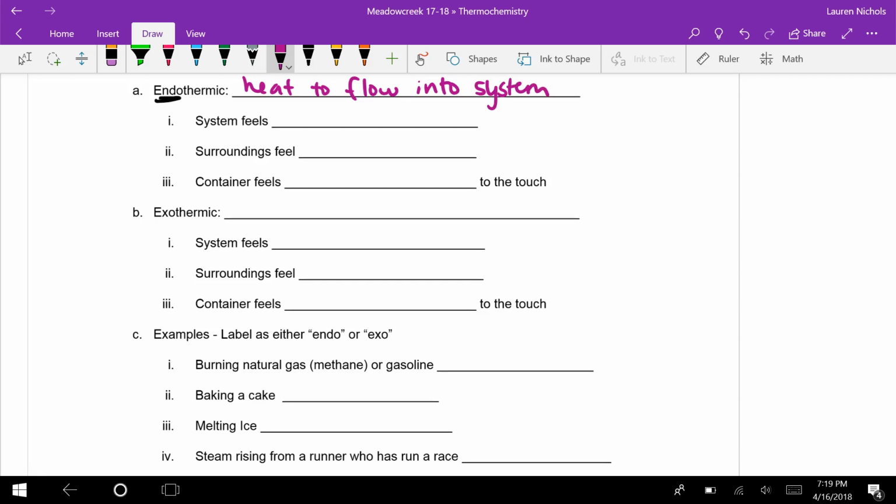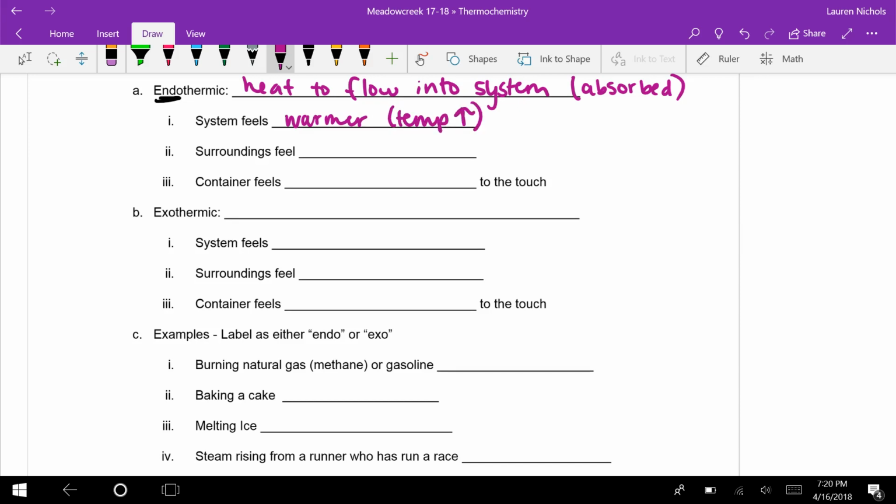Which means if it's flowing into the system, it's coming from the surroundings. The more sciencey way to say this is that heat is absorbed into the system. And so this means that the system feels warmer, which means that you're going to see a temperature increase.